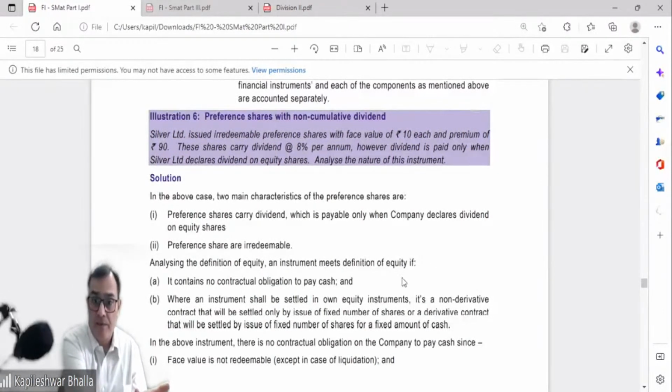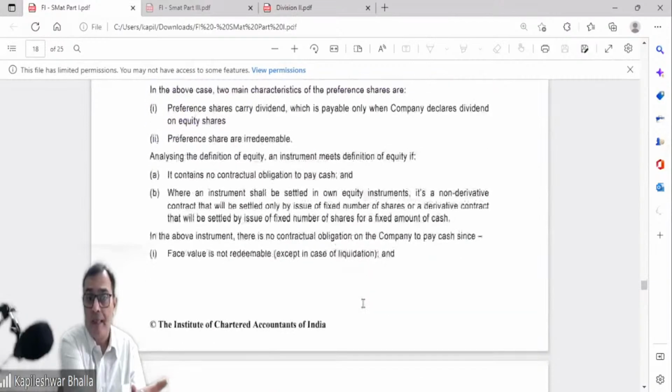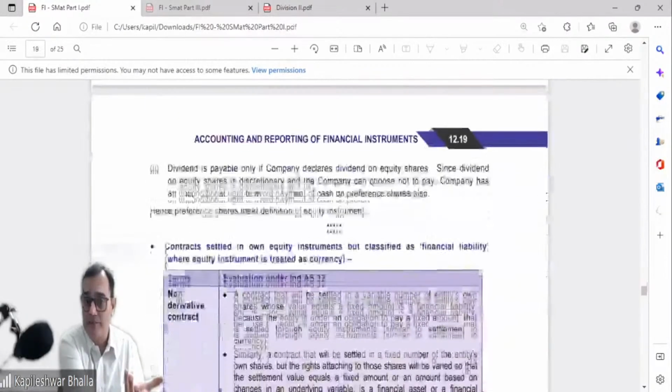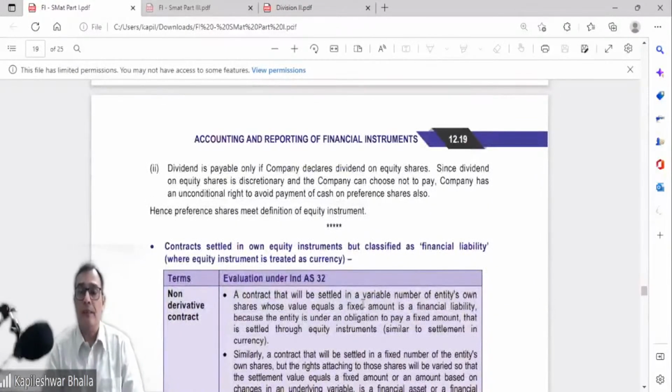Then they gave the logic as well: there is no contractual obligation to pay cash since it is irredeemable, and the dividend is payable only if it declares an equity share. That makes it discretionary in nature. So they've got an unconditional right to avoid payment in cash. Therefore, the conclusion is that it's an equity instrument. It's the same thing, but I've just broken it into a step-by-step model.